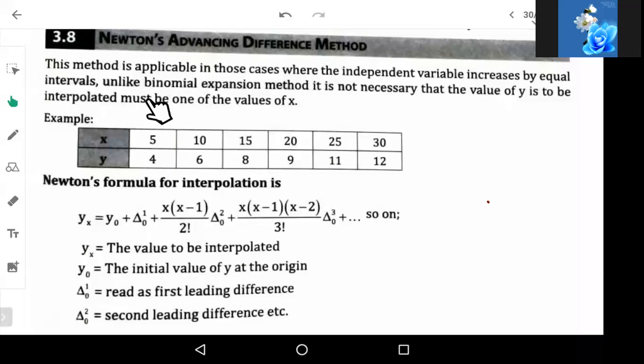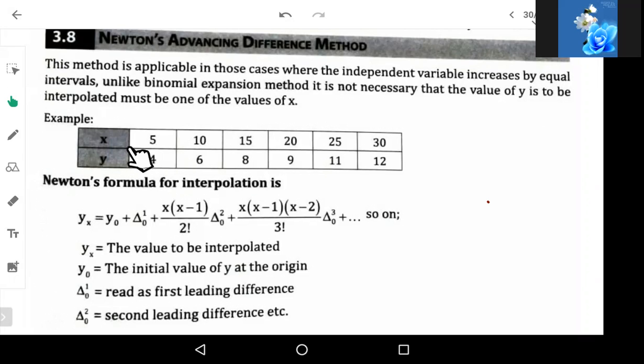Unlike binomial expansion, it is not necessary that the value of x to be interpolated must be one of the given values of x. In the binomial method, at some point we check the x and y values and the value will be present there only. But here it is not necessary.